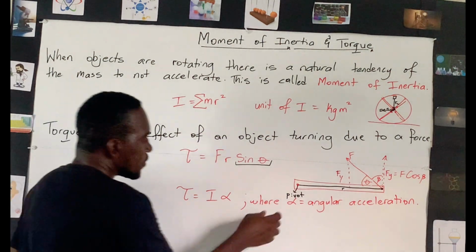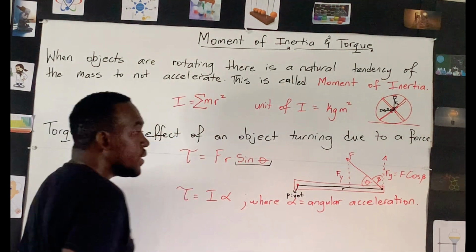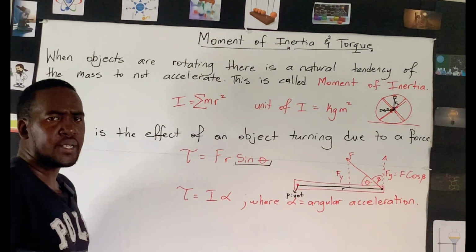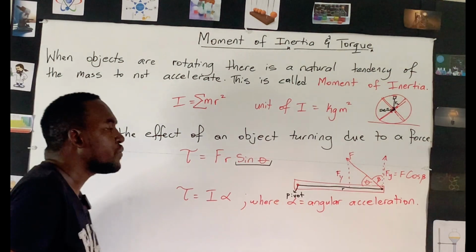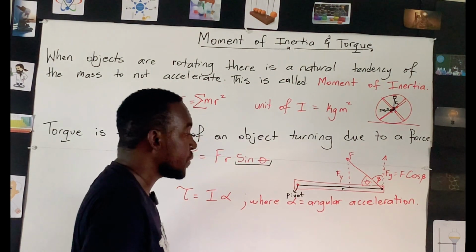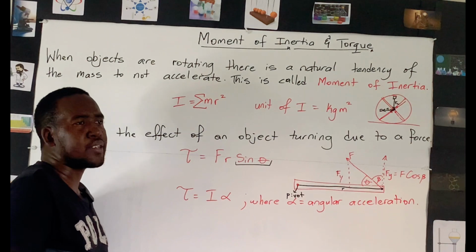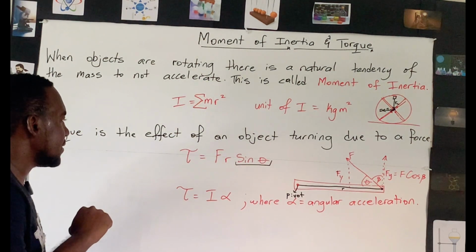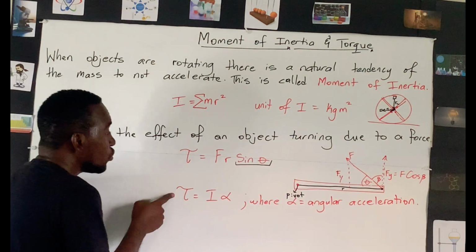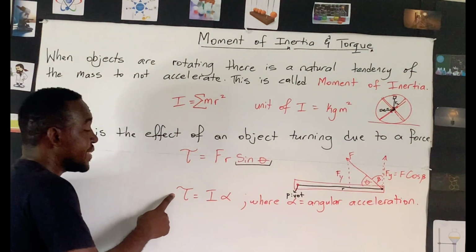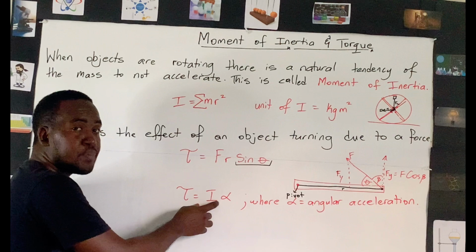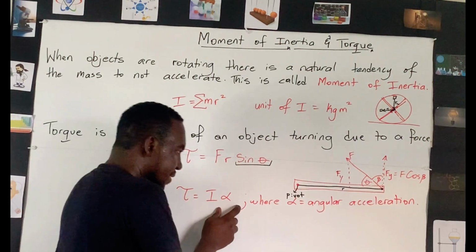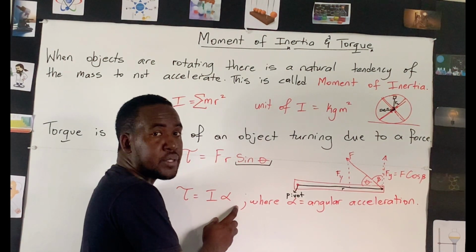Now, this value would be explored in our future lessons, where we look at how we find angular acceleration and what angular acceleration is. But for today, just to make the link between both quantities, the torque of an object is equal to its moment of inertia times the angular acceleration.